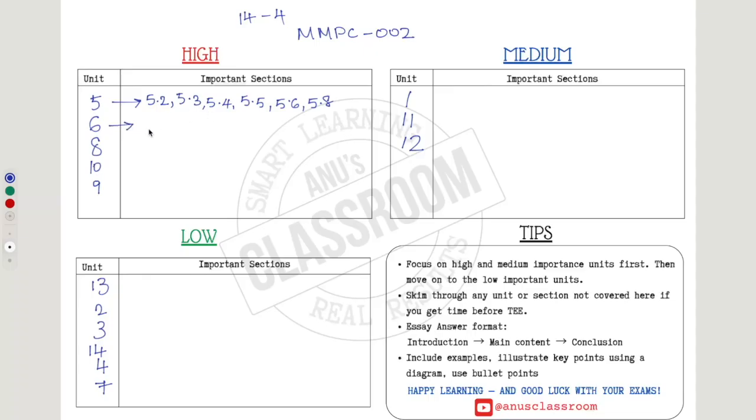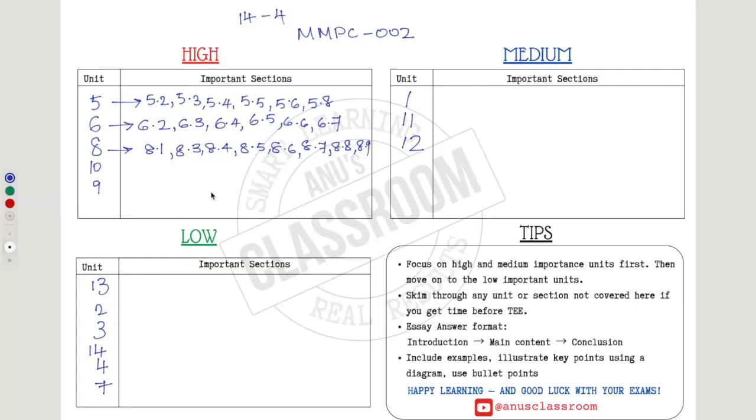From unit number 6, you need to concentrate more on sections 6.2, 6.3, 6.4, 6.5, 6.6, and 6.7. From unit number 8, you need to concentrate on 8.1, 8.3, 8.4, 8.5, 8.6, 8.7, 8.8, and 8.9.